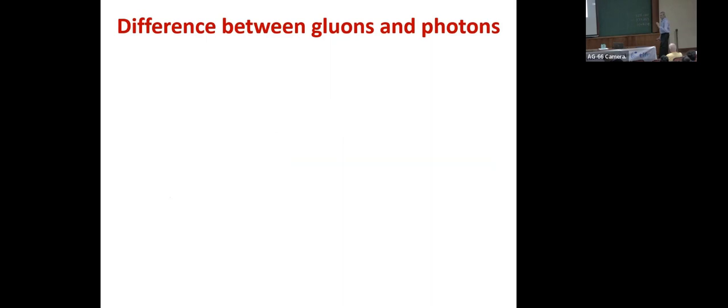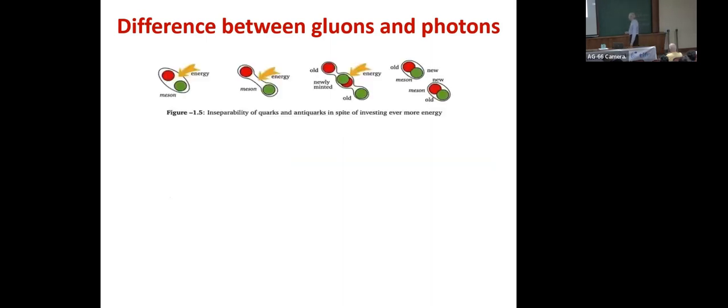The difference between electrons and gluons and photons comes from the following. Remember, as you take two electrons far away, the force between them will decrease as 1 by r square. If you look at interactions of photons, it turns out that that doesn't happen actually. The force between the quarks, the strong force, will actually increase when you pull them apart.